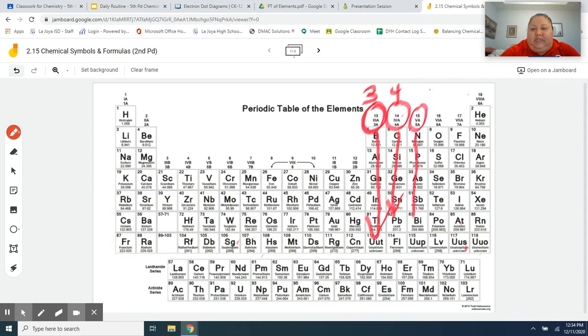Group 15, 5 valence electrons. Group 16, 6 valence electrons. Group 17, 7 valence electrons. And group 18, 8 valence electrons. Do you see what I mean? All you have to do is just take off the 1.